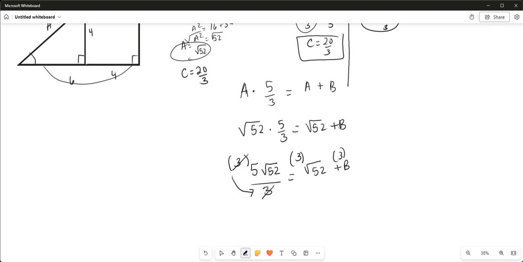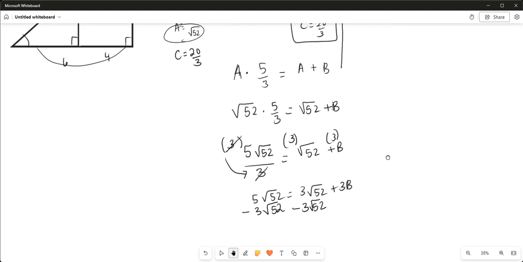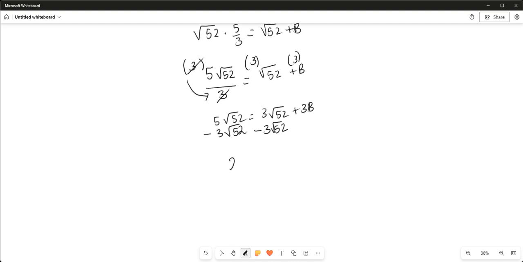That cancels here and here, so that'll be 5 square roots of 52 equals 3 square roots of 52 plus 3b. I'm going to move all the like terms to one side. That gives me 2 square roots of 52 equals 3b.